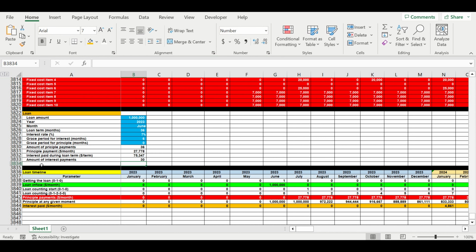And then interest payment evenly: we will take this value and divide it by this value.